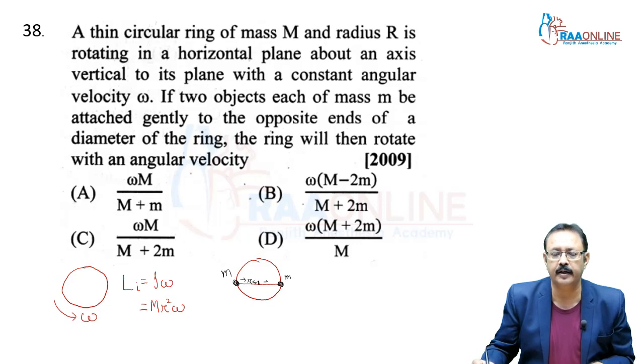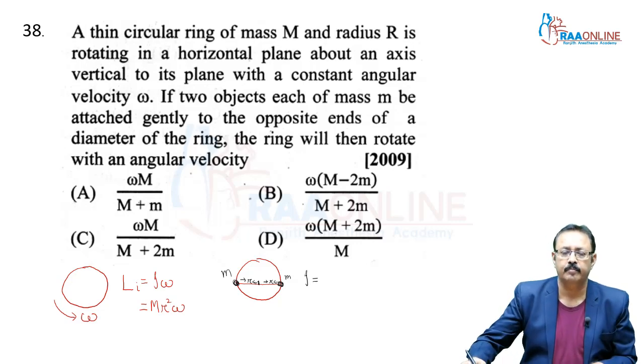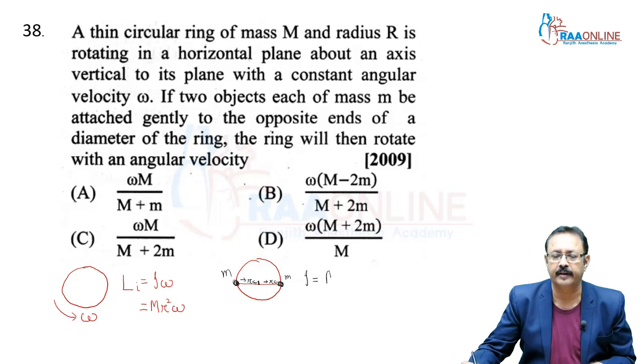It means you are increasing the moment of inertia. So the new moment of inertia of the system should be the moment of inertia of the ring plus the moment of inertia of these two masses. Simply we have to add the moment of inertia of all three parts of this problem, mr square plus mr square plus mr square.